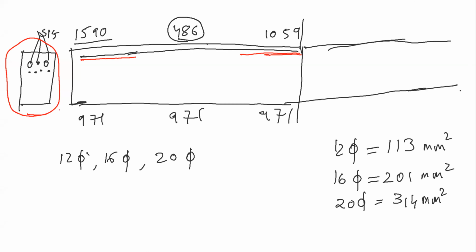You can use 3 of 20 at the bottom like this, or 2 of 20 plus 2 of 16. 2 of 20 is 600 and 2 of 16 is 400. That also you can do. So at the bottom, I will provide 2 of 20, and then I'm going to use 2 of 16.